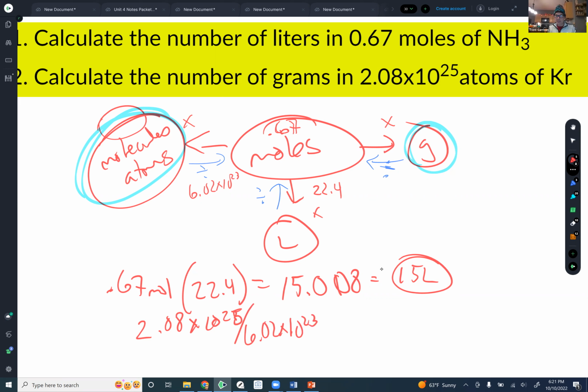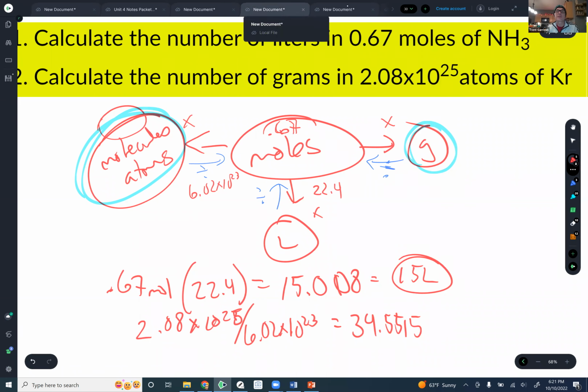So I'll go ahead and put that into my calculator. 2.08 exponent e 25th divided by 6.02 e to the 23rd. And you get 34.5515, keeps on going. And we're now going to convert this into grams. Well, we're dealing with krypton.